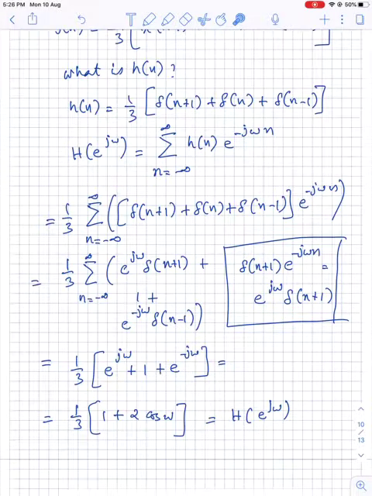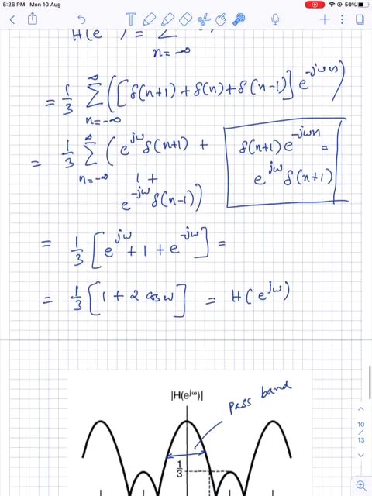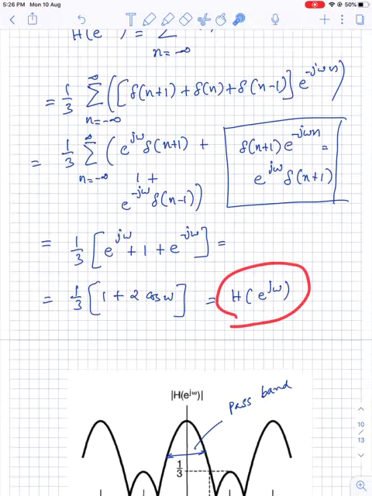If you apply the shifting property, the summation is removed, and your H of e raised to j omega will now become 1 by 3 into e raised to j omega plus 1 plus e raised to minus j omega, which is nothing but 1 plus 2 cos omega divided by 3. This is your H of e raised to j omega, which is the frequency response.